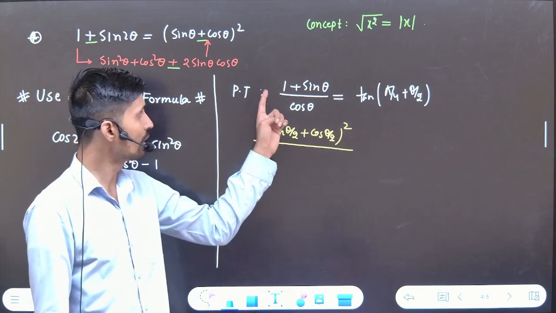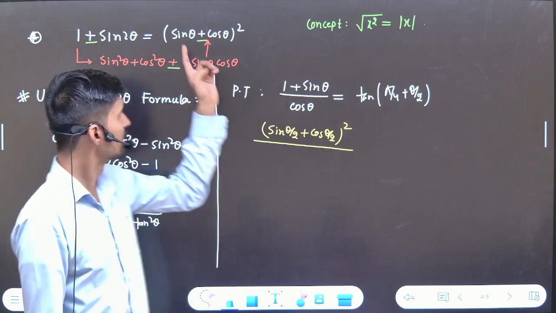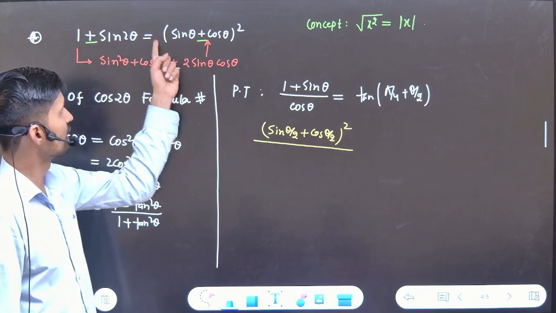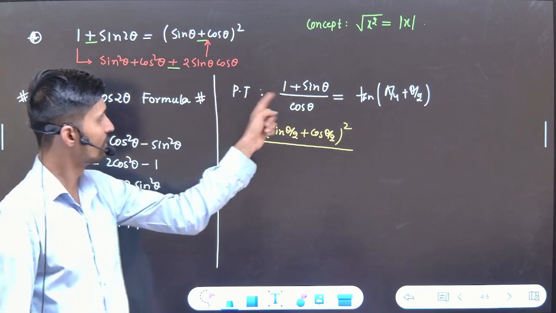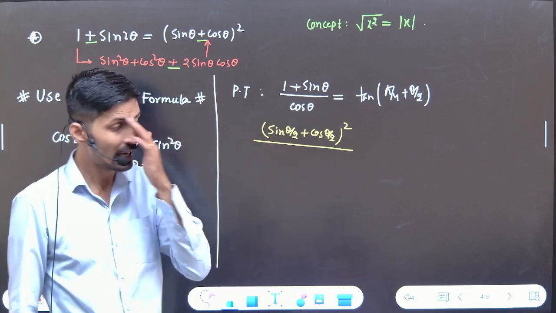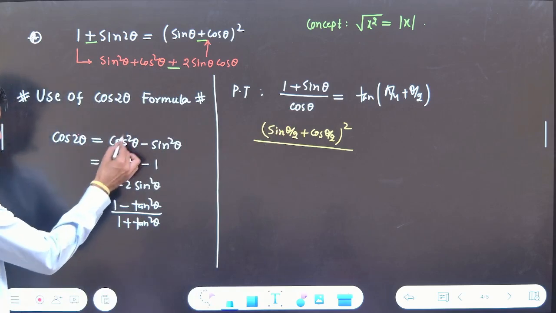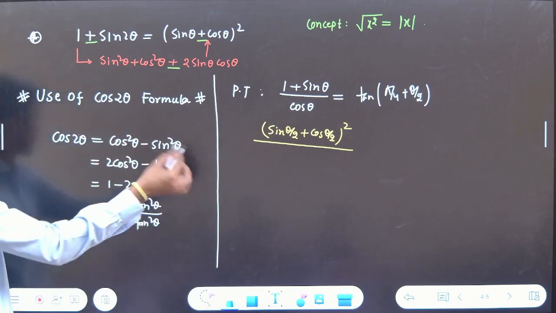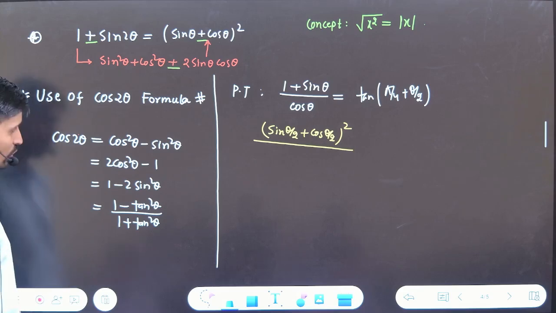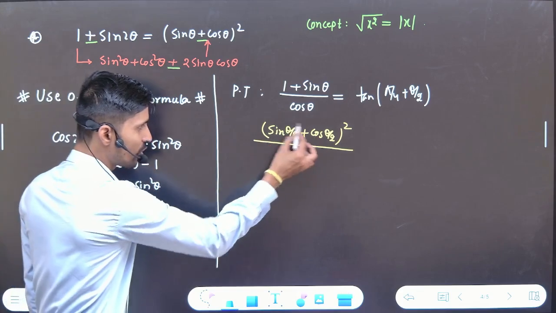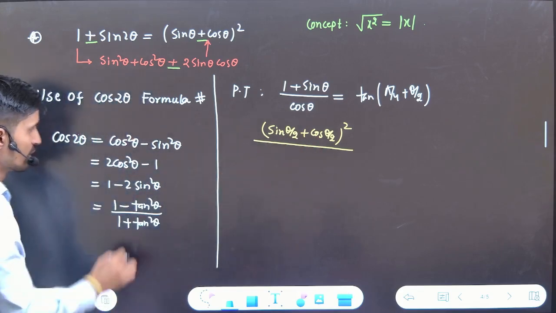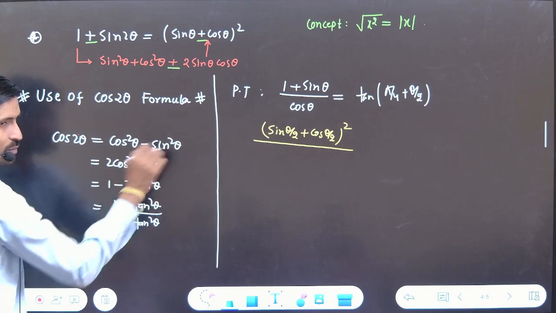Okay. 1 plus sine, this formula is the half angle formula. Angle is getting half, so I will apply that formula. And after that, the cos formula. We have 4 formulas for half. Now the question is, which formula will I use? So you can see, as sine and cos both names are in the formula I am using here, I will use the sine and cos both name formula.